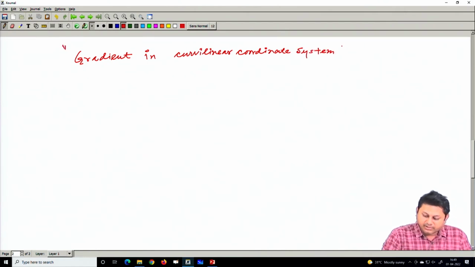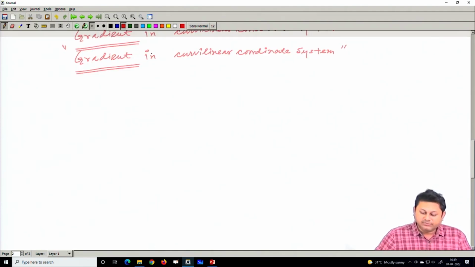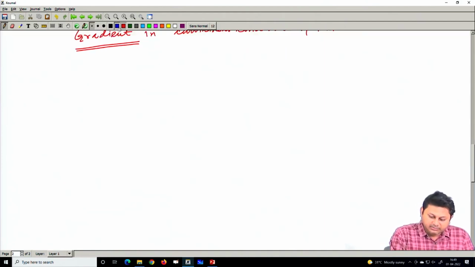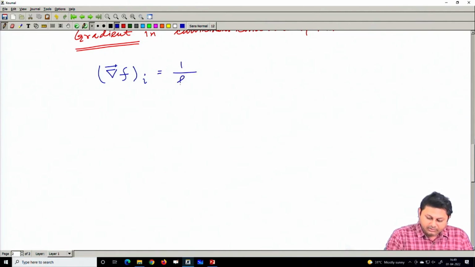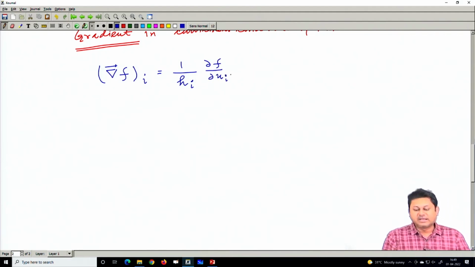If I want to find out the gradient, the expression that we figured out is this. This is the operator operating on a scalar field f, and if I want to find out the ith element, it simply gives us h i and then del f del u i. Okay. This is the expression we figured out, this is the generalized expression.